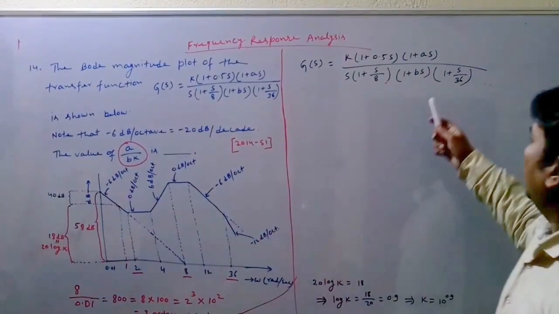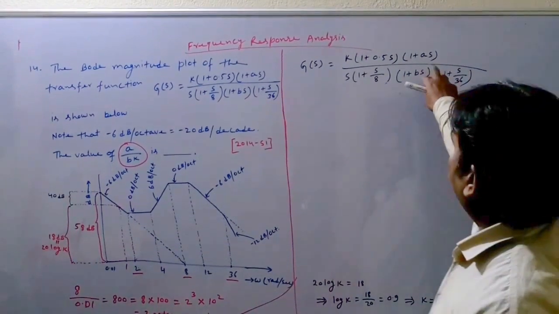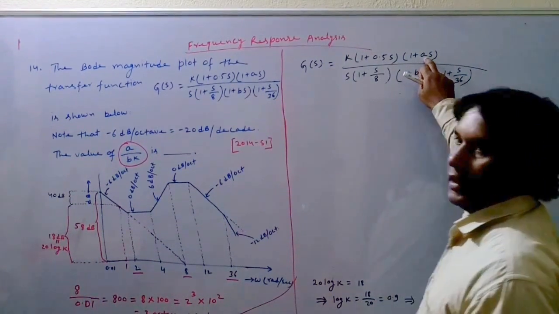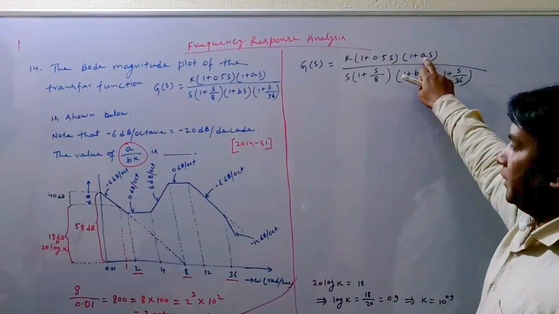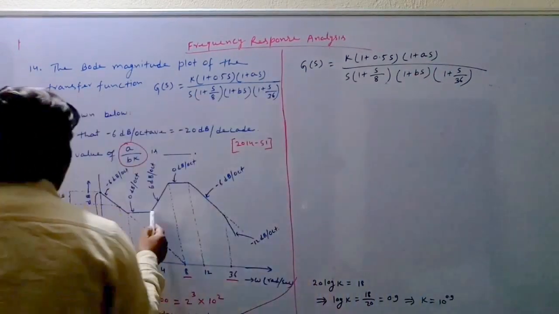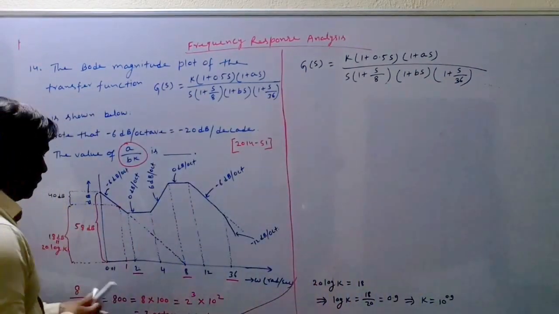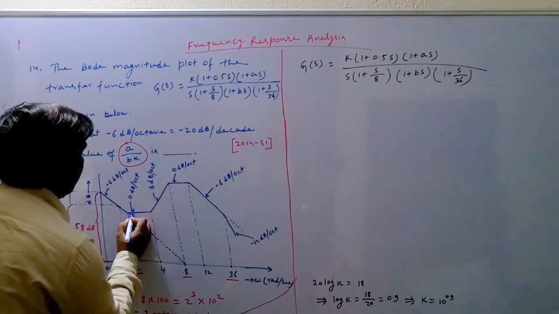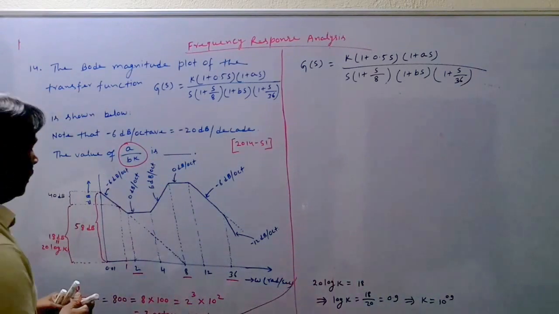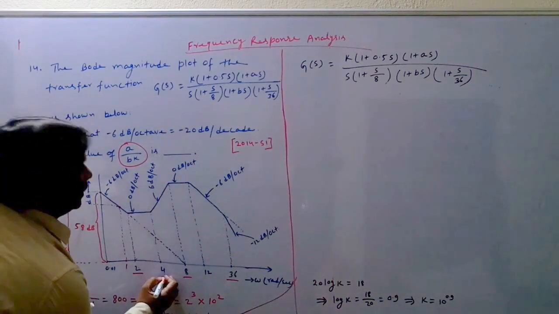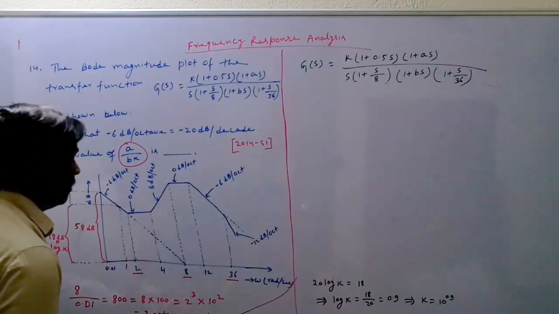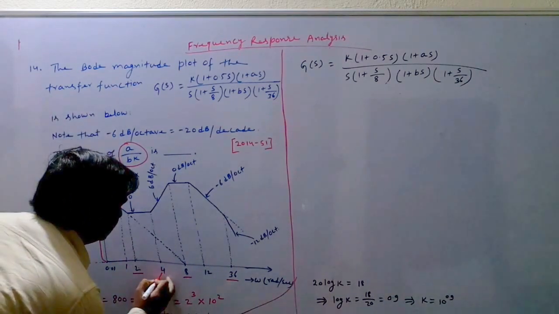Now as we can see that there is a zero, and this zero has the corner frequency 1 by a. So this zero is responsible for this uplift, because here the slope is changing from 0 to 6 dB per octave. So this corner frequency is 1 by a.